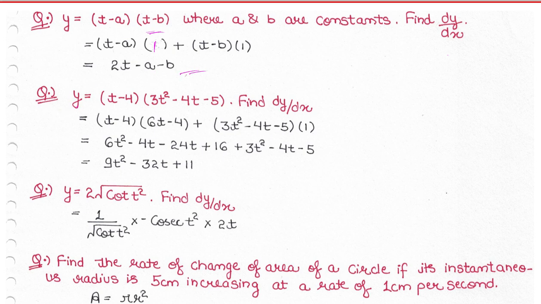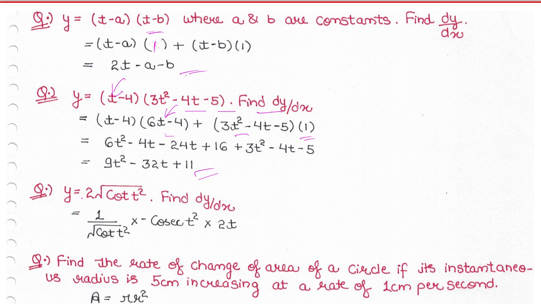In another question, if we have y is equal to (t minus 4) into (3t square minus 4t minus 5), find dy/dx. So we can write using the product rule of differentiation, (t minus 4) into (6t minus 4) plus (3t square minus 4t minus 5) into 1, due to this first term, and this is due to this second term, and we get this thing.